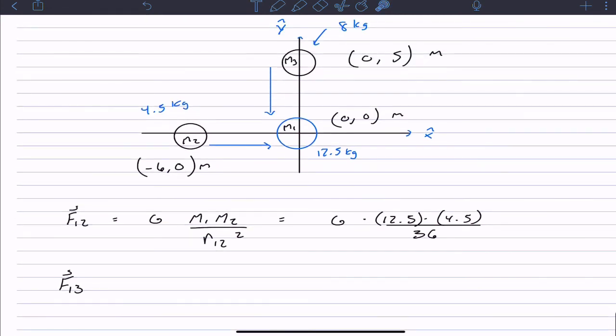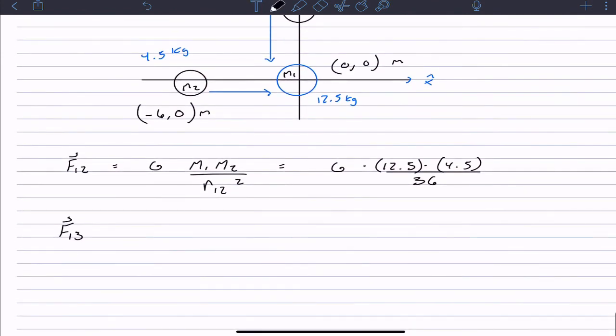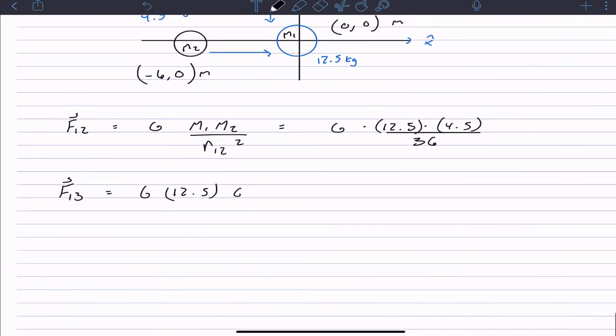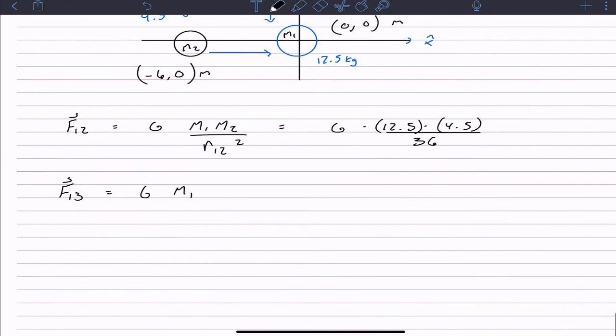Next, we do from here to here, right? So we have G, M1 is 12.5, M3 was 8 kilograms. I'll write it out explicitly first: G M1 M3 over the distance between them.